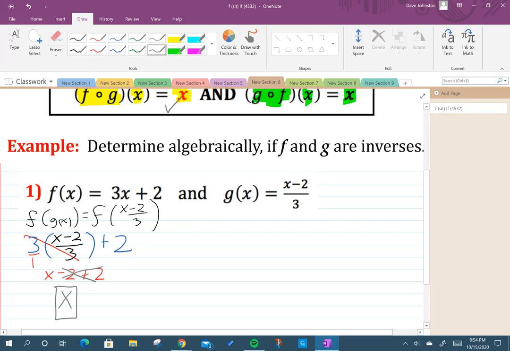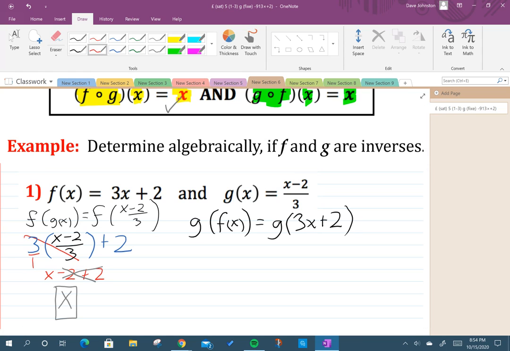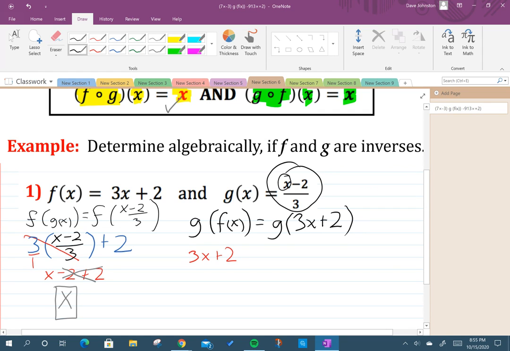Step 1, done. Let's take a look at the second one, where I'm supposed to prove that g of f of x is going to give me something nice also. Just to refresh your memory, f of x is 3x plus 2, and now I just substitute that value in for x. I'm going to take my 3x plus 2 and substitute that into my g of x function, so in the place of x, I'm putting the 3x plus 2.